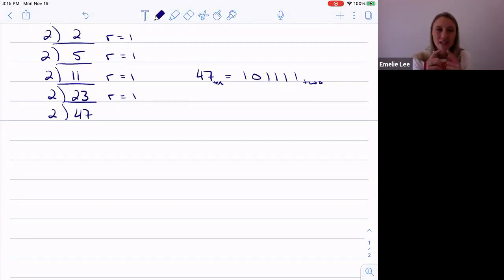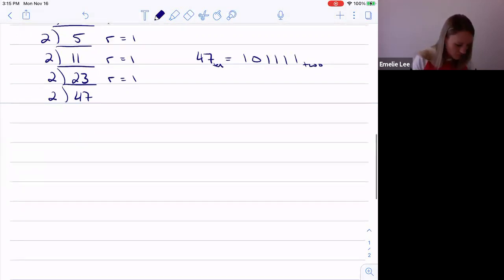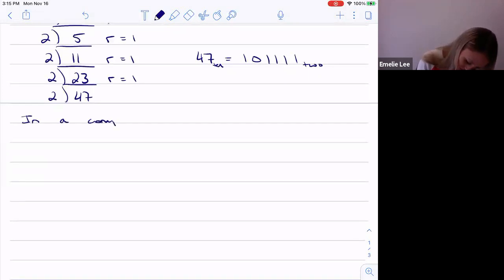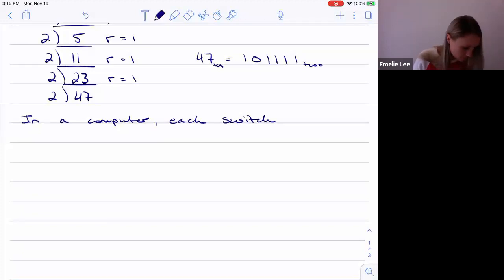And a series of 8 bits makes a byte. So in a computer, each switch is called a bit.